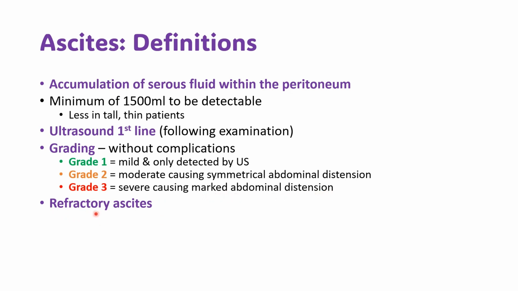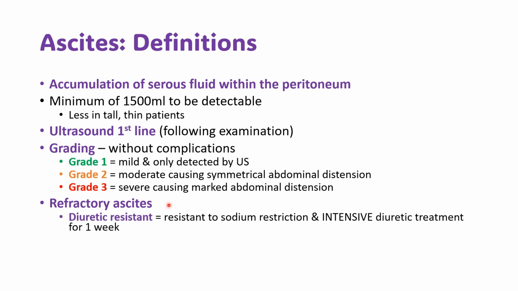And then we have to think about a term called refractory ascites. It might be refractory to the management plan, what you've implemented, for example, the diuretic therapy. So we have diuretic resistant ascites, which is resistant to sodium restriction and intensive diuretic treatment for 1 week.